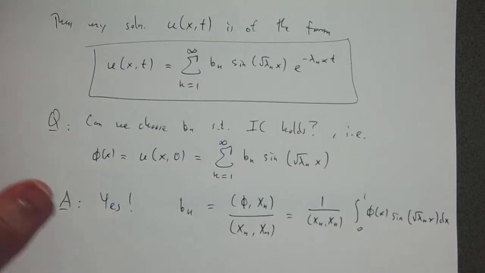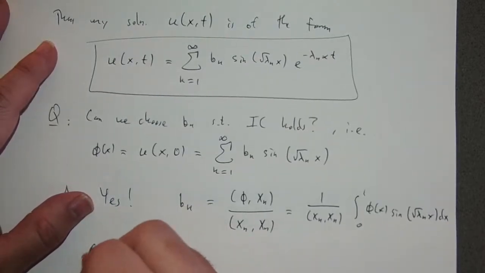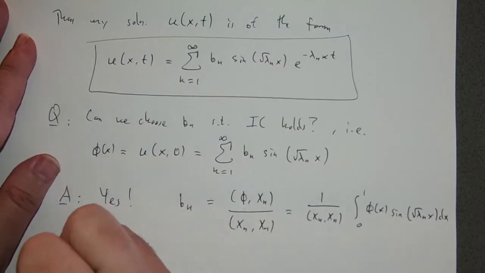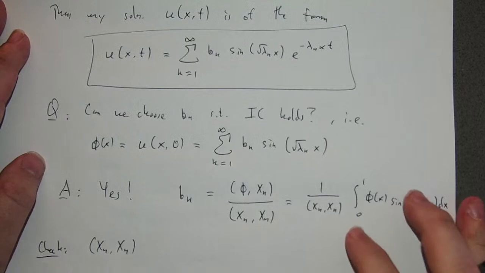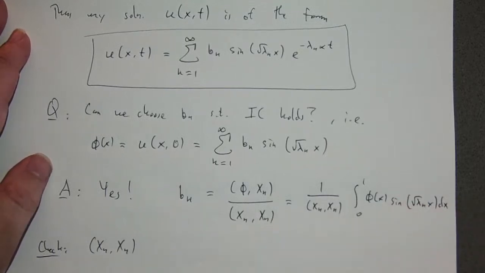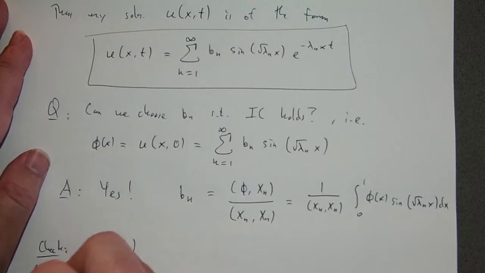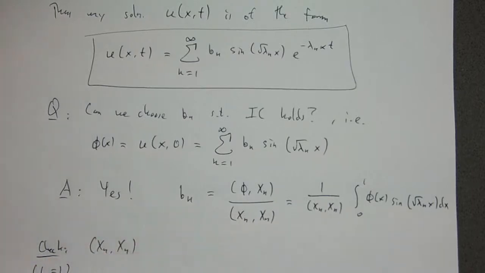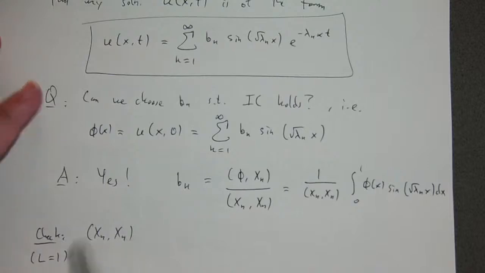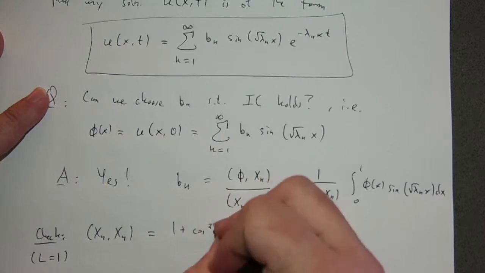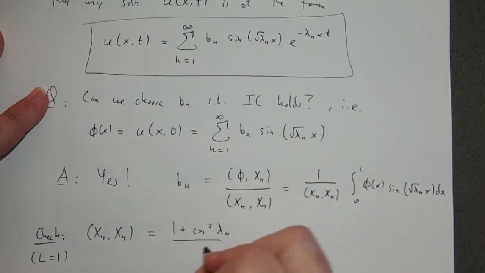You can check by direct integration, for L equals 1, that's the case we're doing, that this is actually equal to 1 plus cosine squared lambda n over 2.